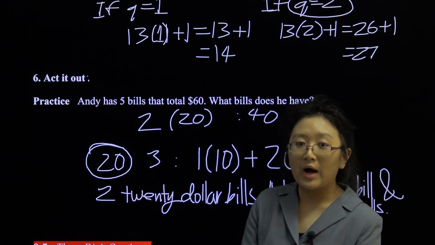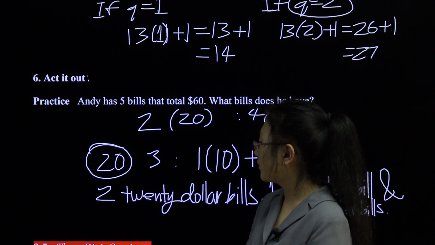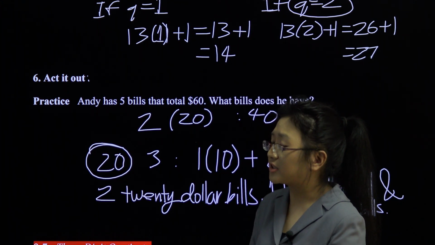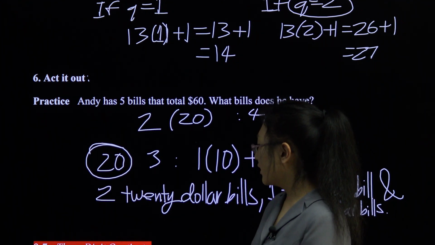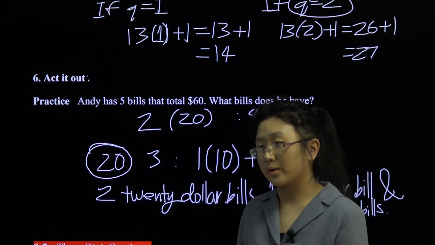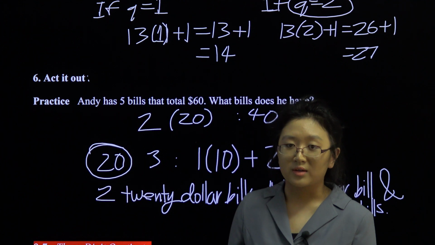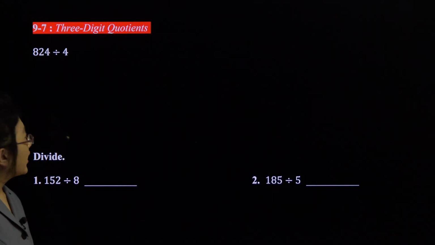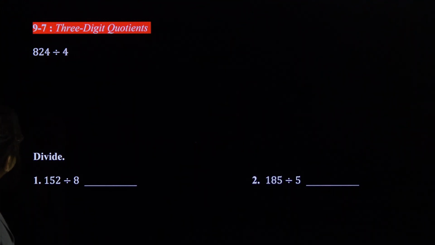We are going to move on to solving division expressions, equations with 3-digit quotients. If you want to take a break at any time during this video, feel free to do so. Here we have 824 divided by 4.